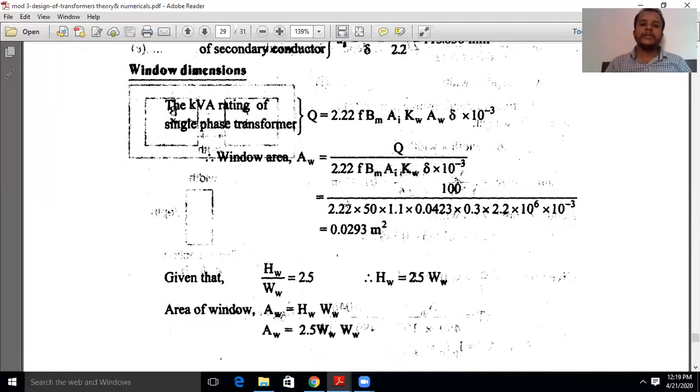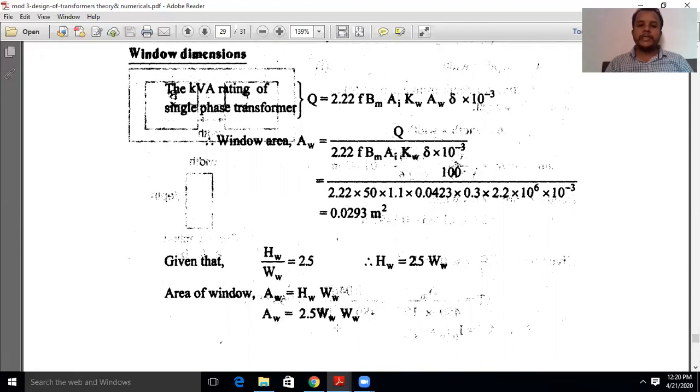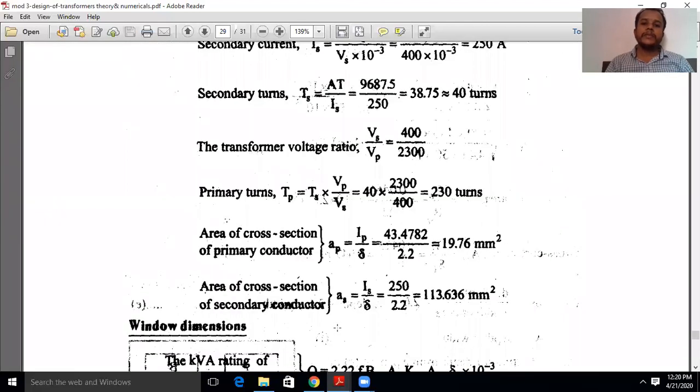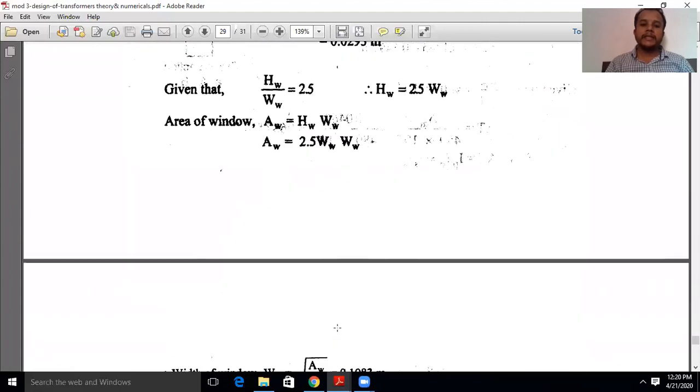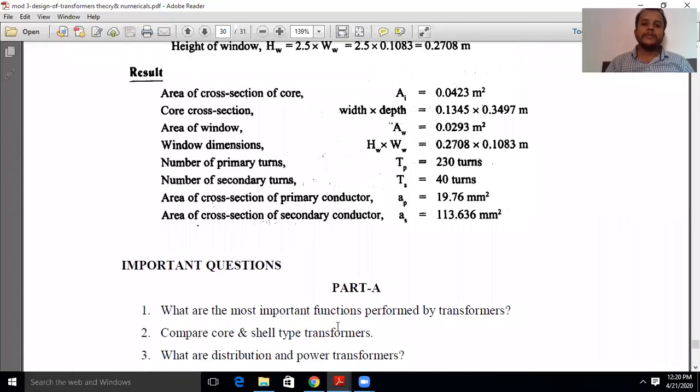Go for window dimensions. In this case, again go for AW. Again by using this particular relation, we can calculate it. This ratio is given by HW by WW. Again by using this relation, we can get the WW and HW. So this is how we can calculate the various parameters in case of transformer.